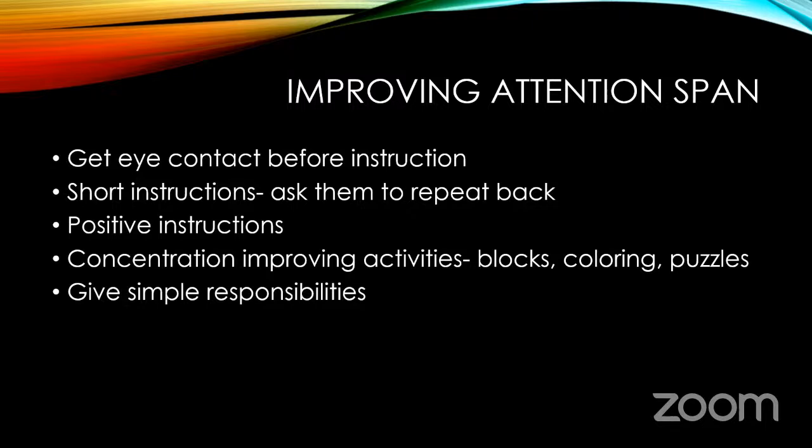So instead of giving a lot of negative instructions, giving one positive instruction, come here and sit on the table and do this, always helps the child to know what is the right behavior and what the child is expected to do.